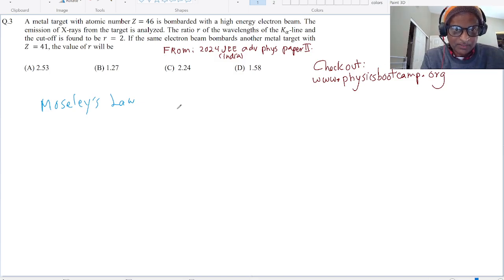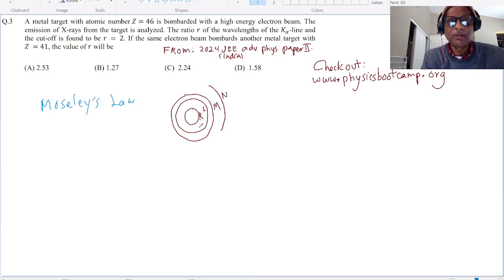So what's happening is you have a metal, and this is a shell diagram of the metal. This is the K shell, this is the L shell, this is the M shell, this is the N shell, etc. And this is where the nucleus is.